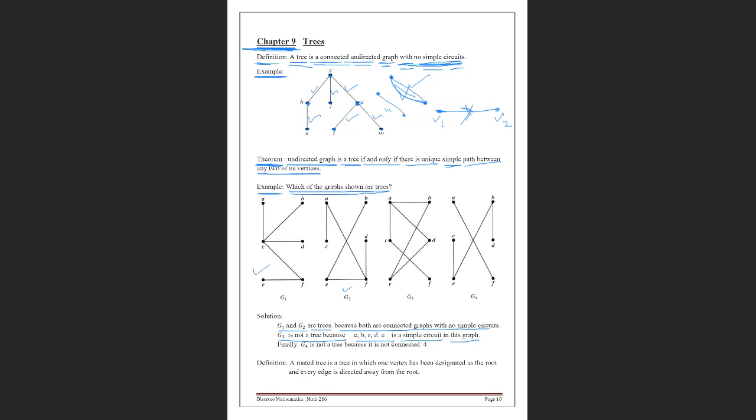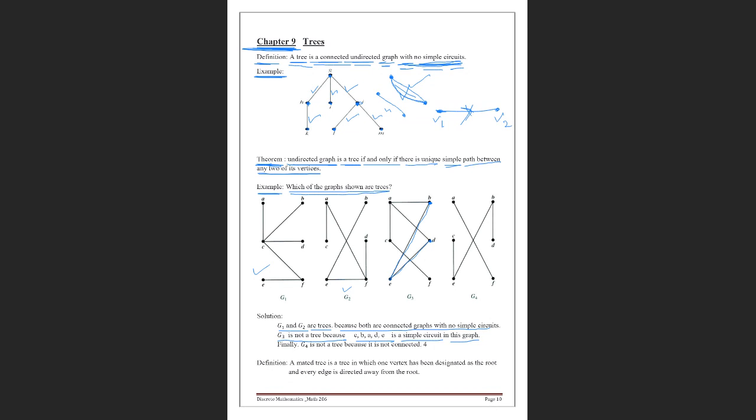Look at this, you can see here. If you start from here, if you want to come from this vertex to this one here, see, here is a simple circuit. If you start from here, you go from here, you come at this vertex, and from this vertex you can come here. So this is one path.